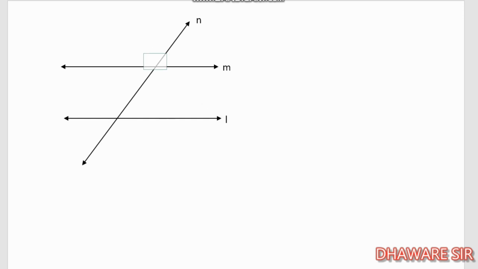This is the angle A, then angle B, angle C, angle D, angle E, angle F, G, H. So these are the angles.